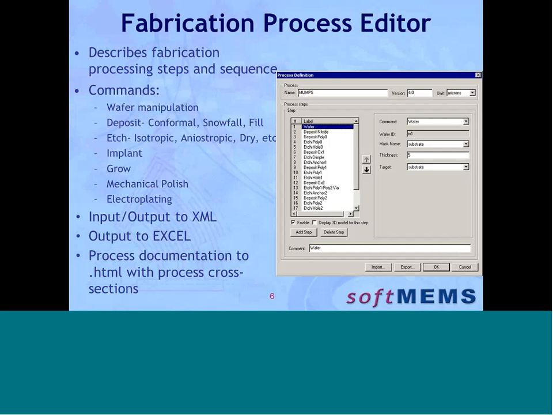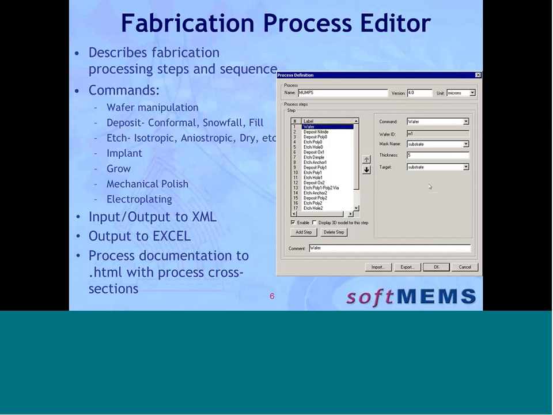Now, the fabrication process editor allows you to easily describe your fabrication process, and what's shown here is a graphical user interface where we can enter the process sequence, and for each step, the specific parameters can be entered on the right-hand side.